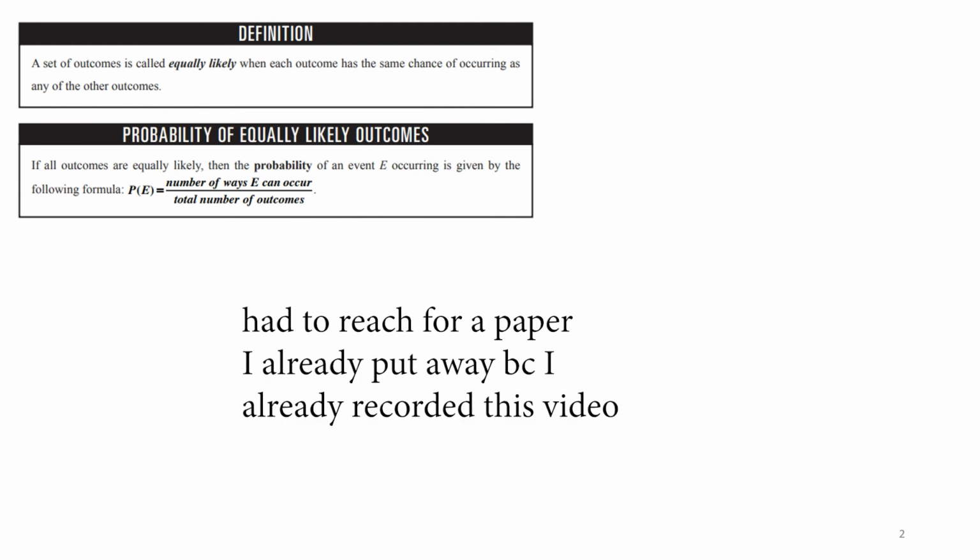Probability of equally likely events is related to binomial distribution, but they're dissimilar enough that we'll be doing them completely separately in this video. A set of outcomes is equally likely when each outcome has the same chance of occurring as any other ones available.